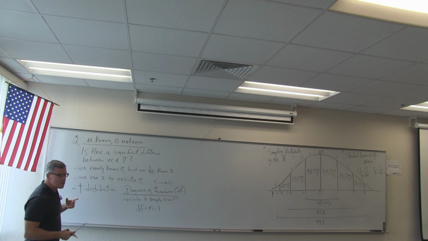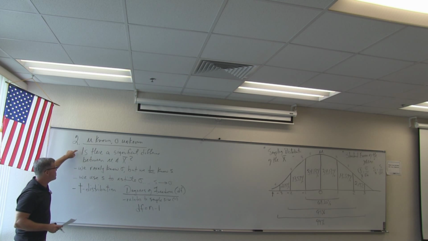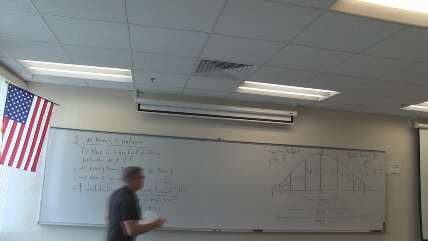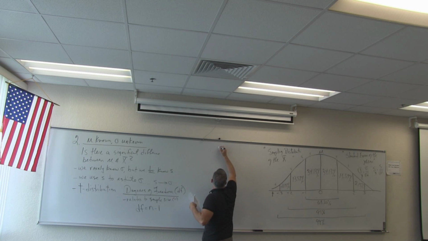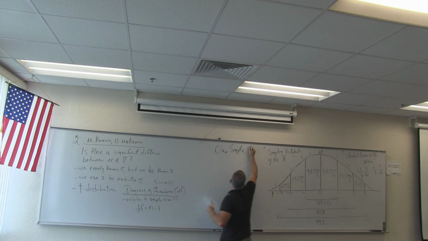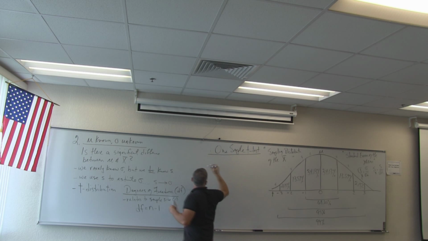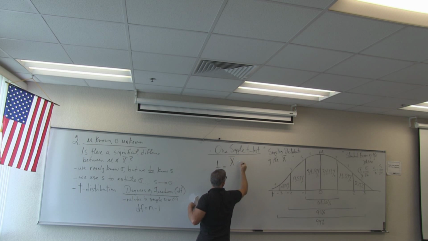We have this statistical hypothesis test that helps us answer this question. It's called a one-sample t-test. It's in Chapter 9. Our t-statistic is the sampling error numerator divided by the standard error of the mean.